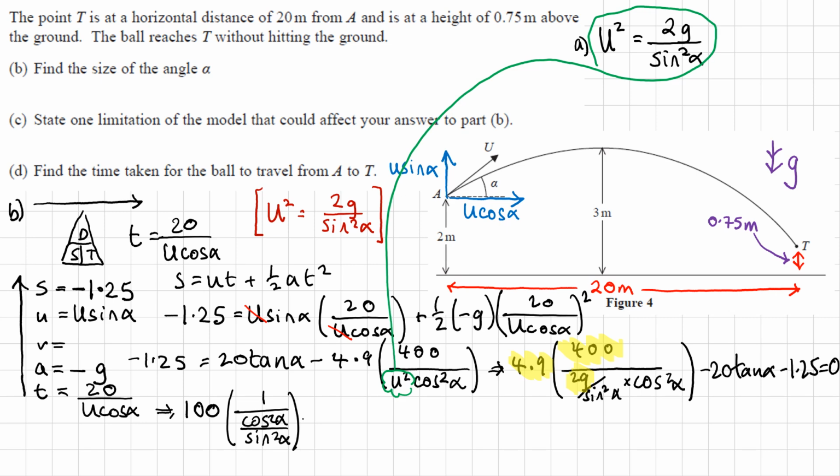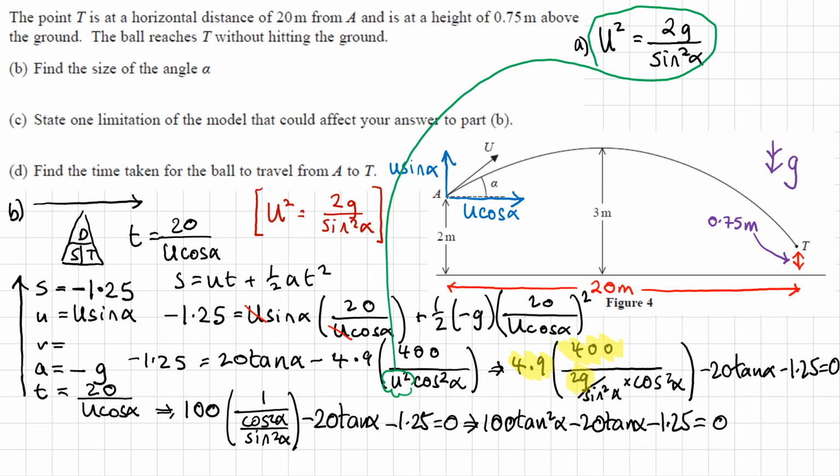And then minus 20 tan alpha minus 1.25 is equal to 0. So this here is basically 1 over cot squared. So this becomes tan squared. So I end up with this quadratic: 100 tan squared alpha minus 20 tan alpha minus 1.25 is equal to 0.